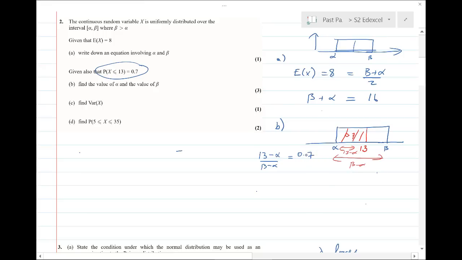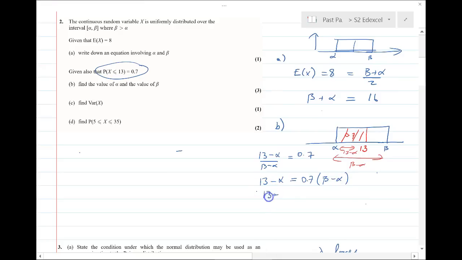Okay, so we can work with that a bit. So we can write 13 minus alpha is equal to 0.7 times beta minus alpha.